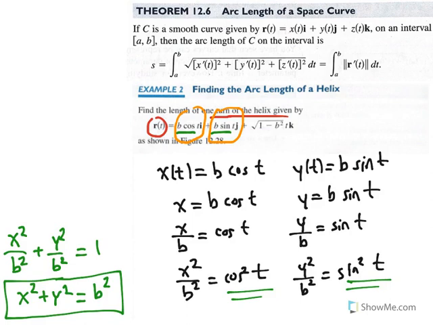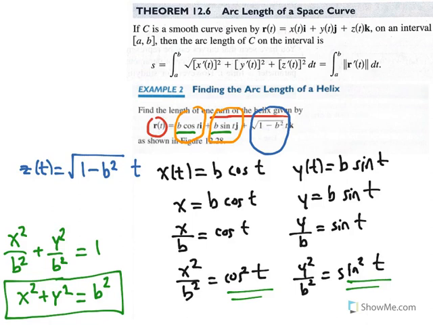And it is on this cylinder that you will have the helix, the space curve, because on that cylinder you will trace points on the cylinder according to the third parametric equation that we have, which is for z. So we have z of t is equal to the square root of 1 minus b squared t.